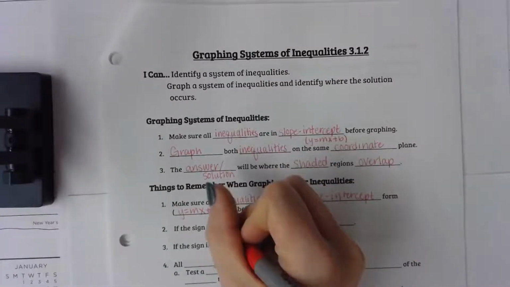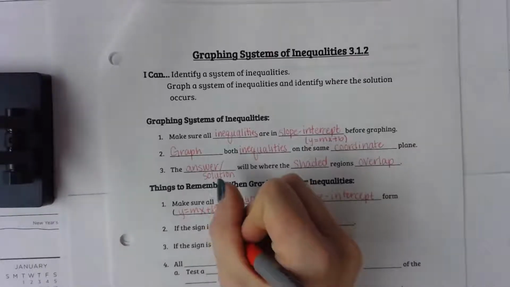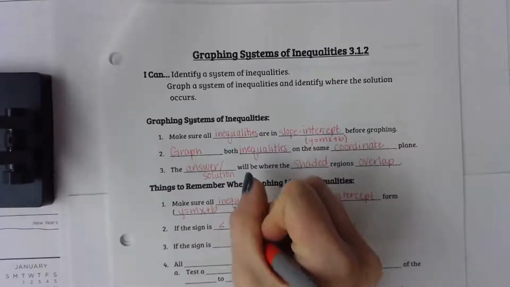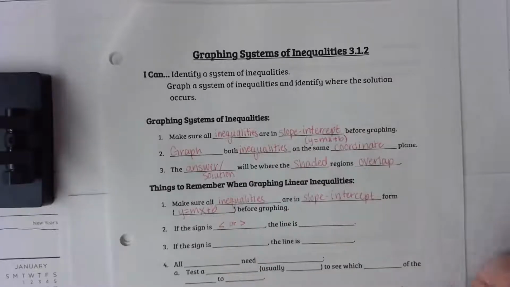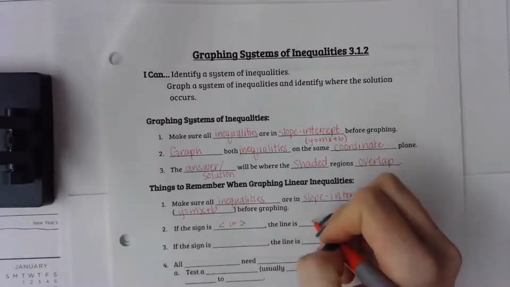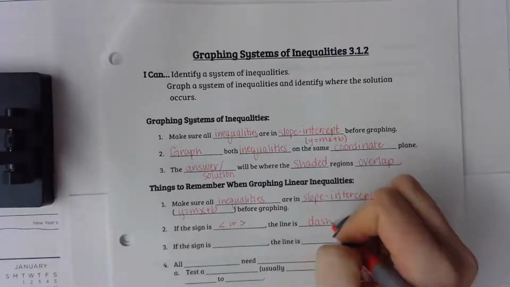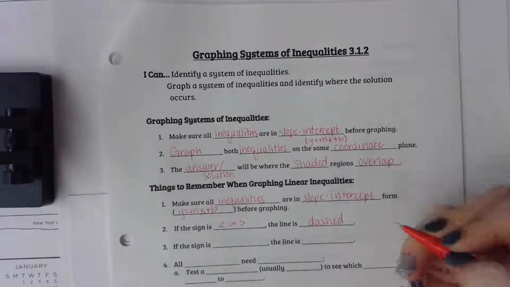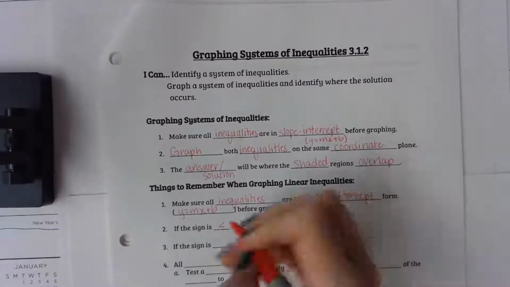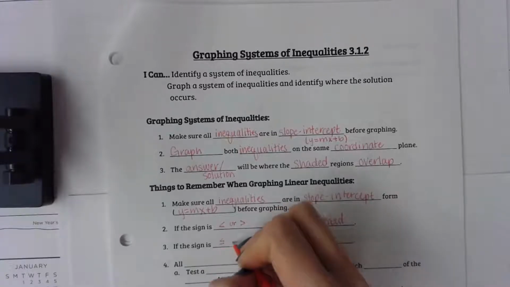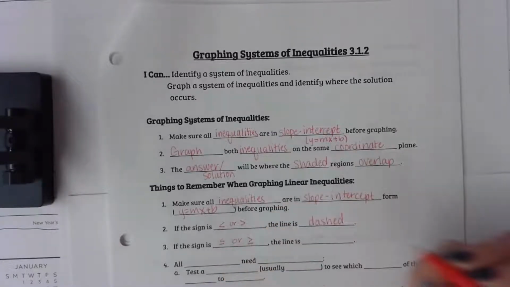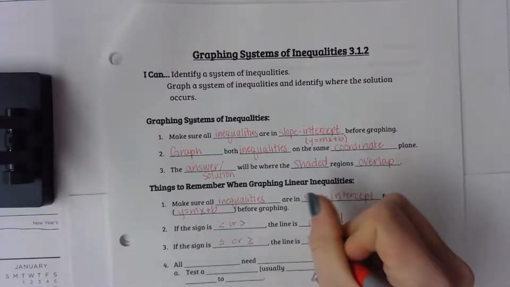If your sign is either less than or greater than, the line is going to be dashed. If your sign is less than or equal to or greater than or equal to, then your line is going to be solid.